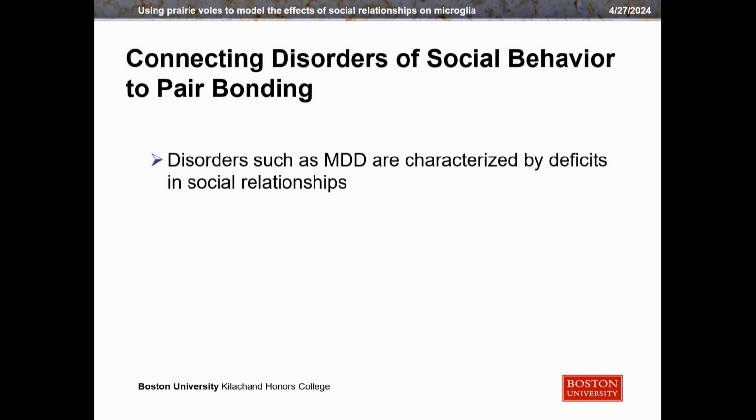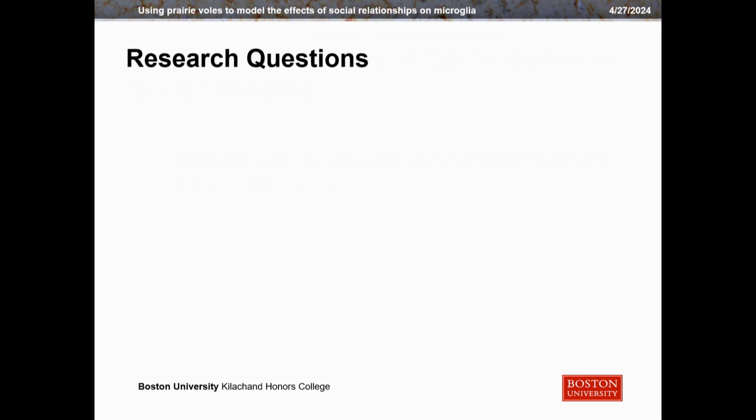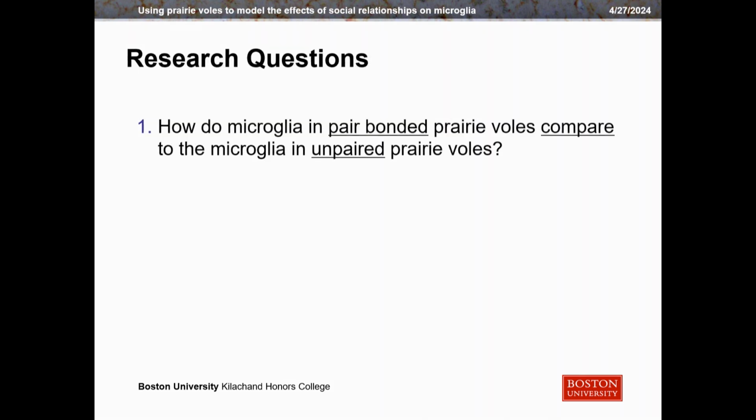Then, when we connect these disorders to pair bonding, disorders such as major depressive disorder are characterized by deficits in social relationships. And using a model that exhibits pair bonding allows us to experimentally assign the presence or absence of a significant social relationship in the experiment. So we can isolate the social relationship variable to look for the effects of whether or not a social relationship is beneficial or detrimental.